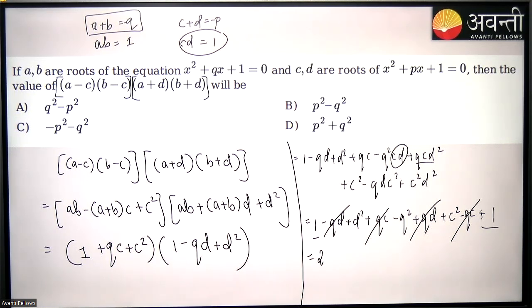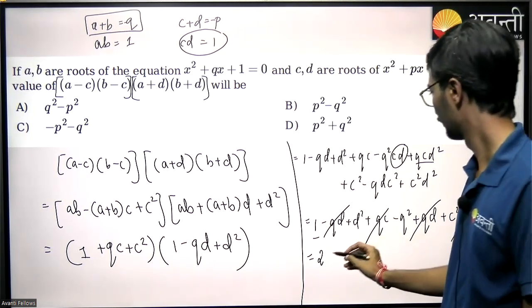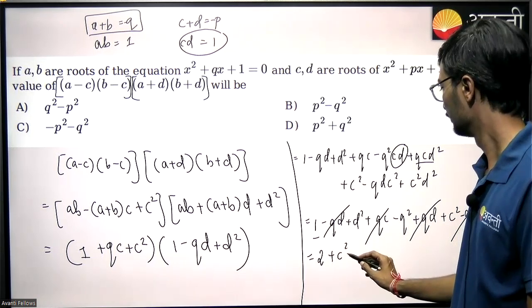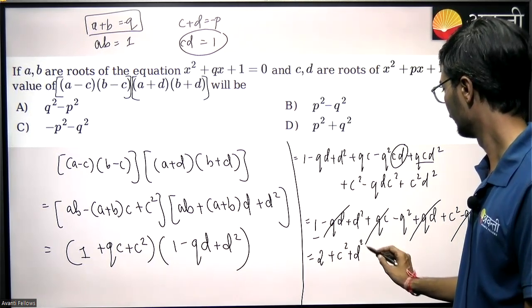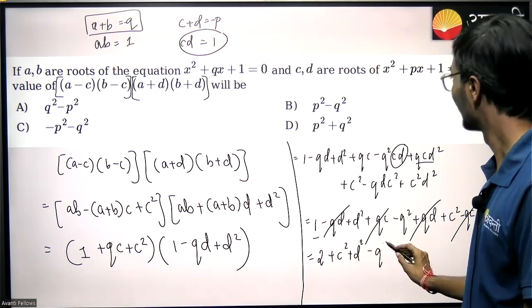Did we make c square, d square, q square? Minus qd plus qd, minus qc plus qc. I hope we didn't make a mistake, right? So plus c square plus d square minus q square.